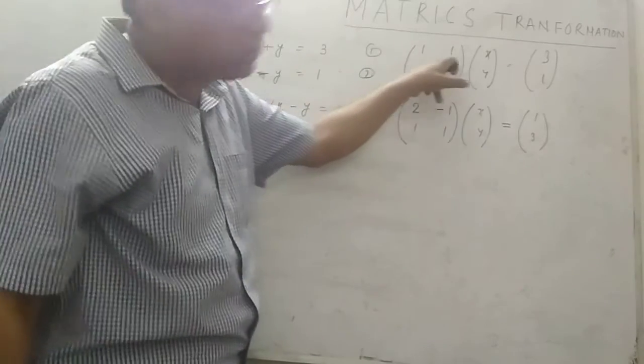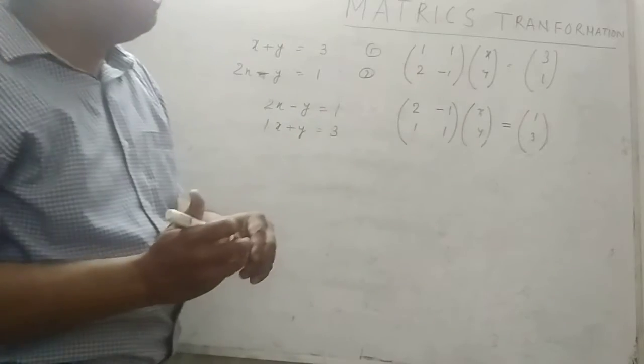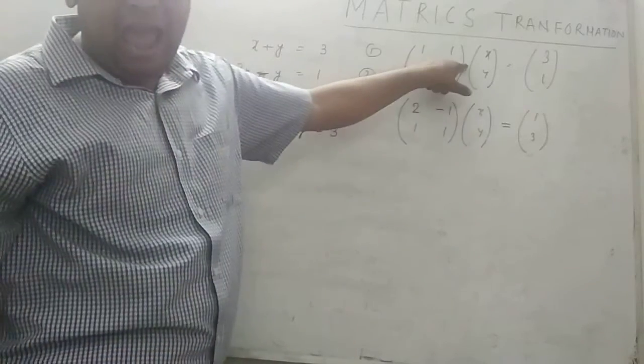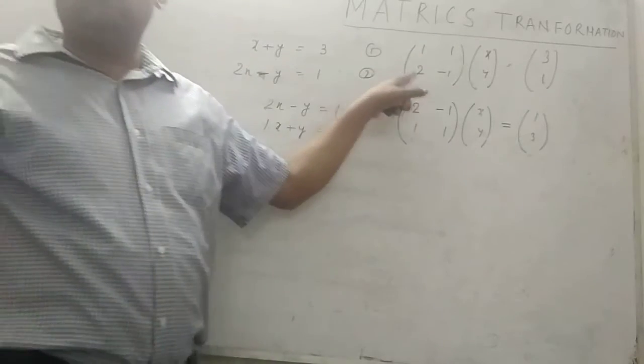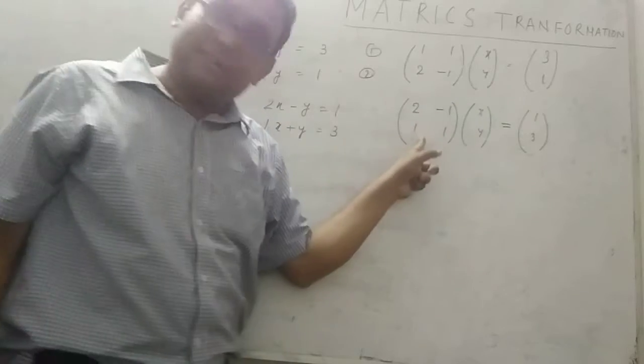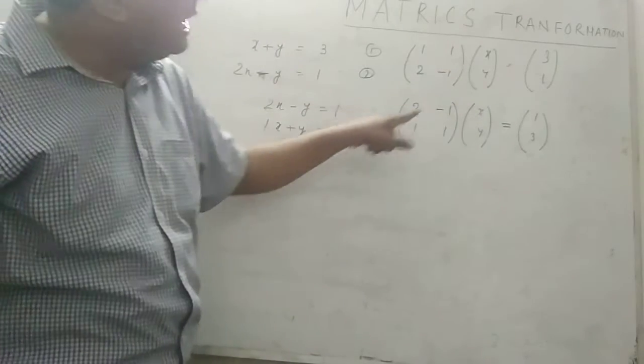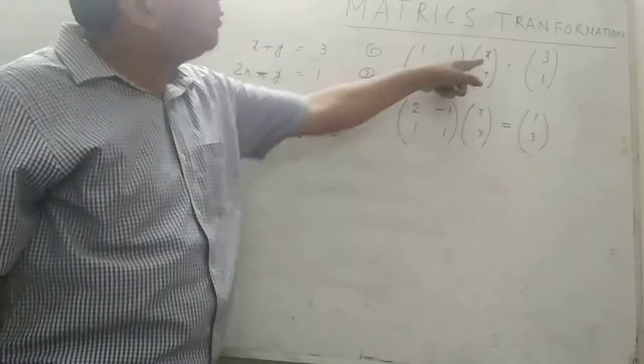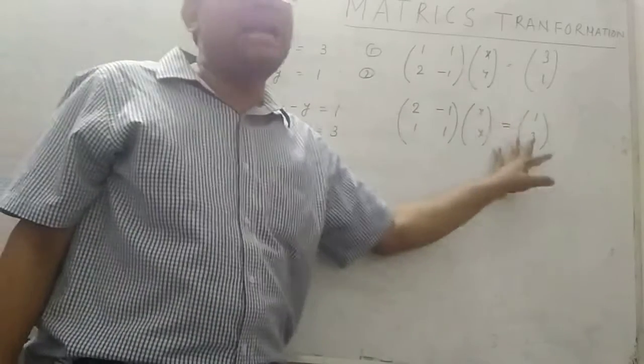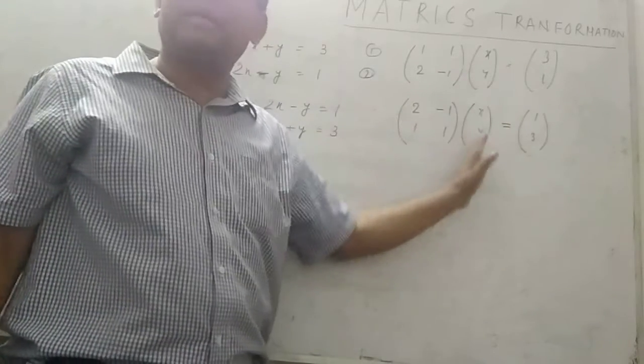Here in the first row I have written 1, 1 and in the second row I have written 2 minus 1. But in this matrix, I have written 2 minus 1 and here it is 1, 1. The variable xy on the right hand side remains the same for both cases.